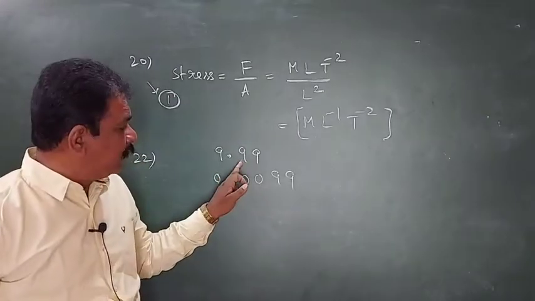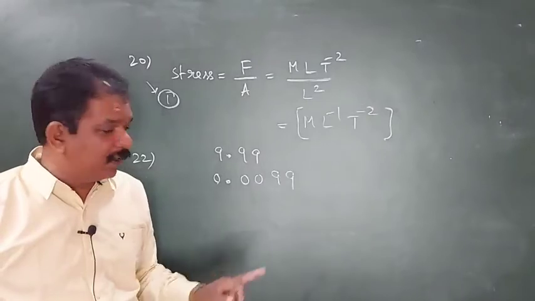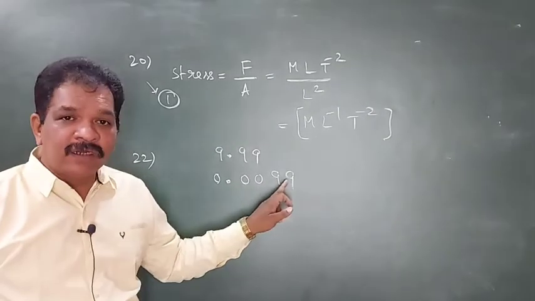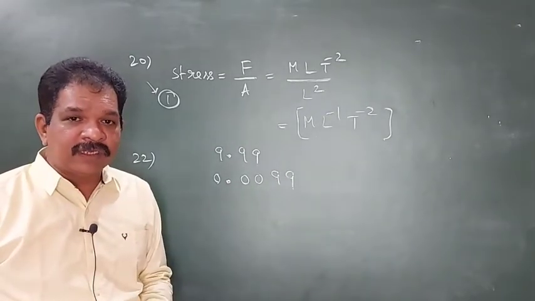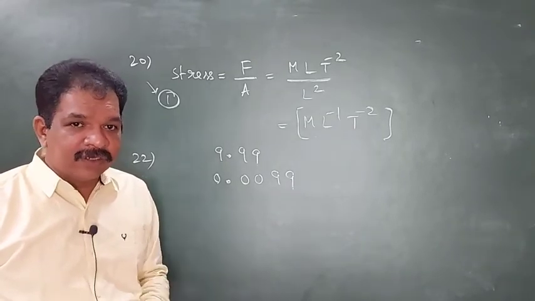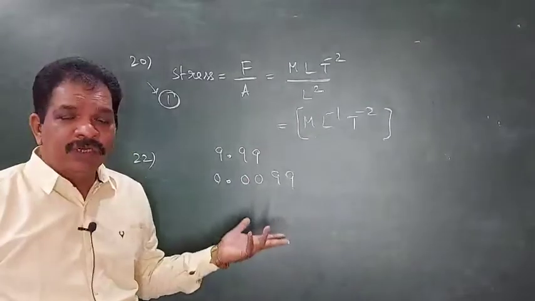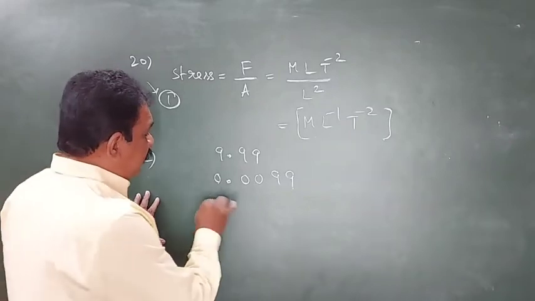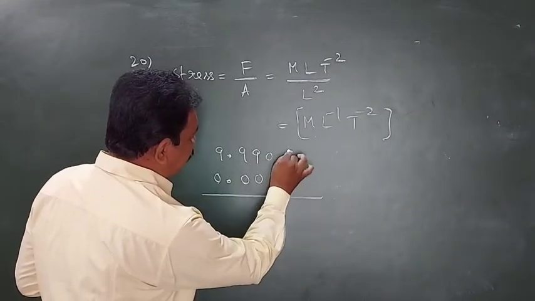After the decimal point, here two significant figures are there. Here also two are there after the decimal point. So no need to round off them. Directly you do the subtraction.